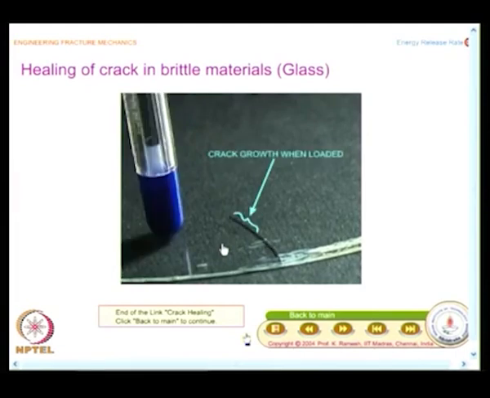In the case of highly brittle materials, this has been recorded for mica and for glass, and mind you, when we are developing the energy based approach, we are only considering brittle solids. From brittle solids, this was extended to ductile solids by Irwin and Orowan, bringing in energy for plastic deformation. But while developing the theory, we would confine our attention to brittle solids, establishing the relationship between K1 and G1 from fundamental principles.